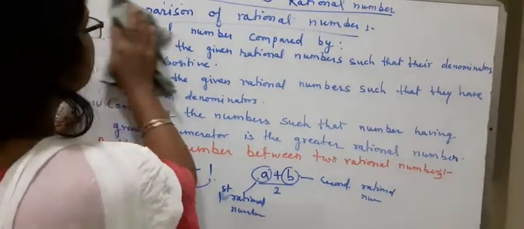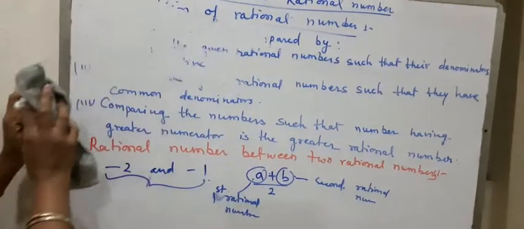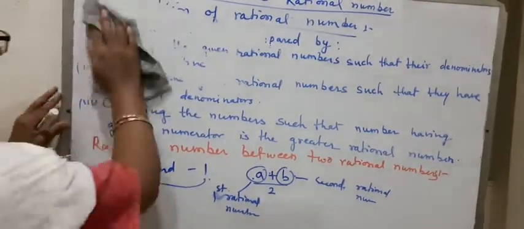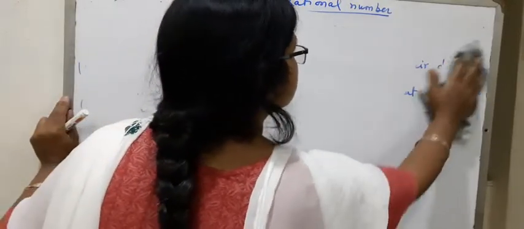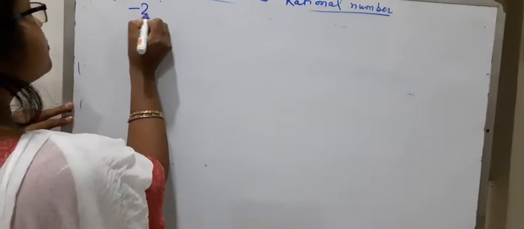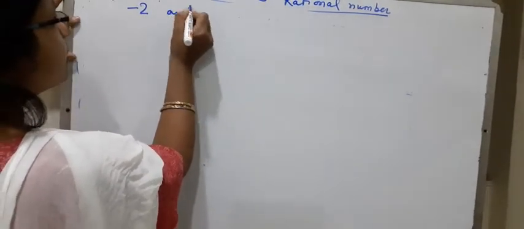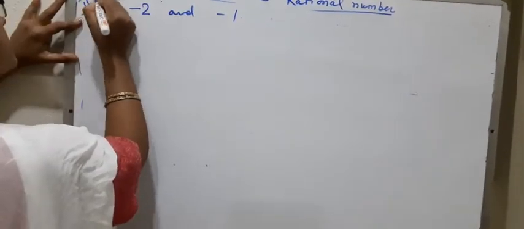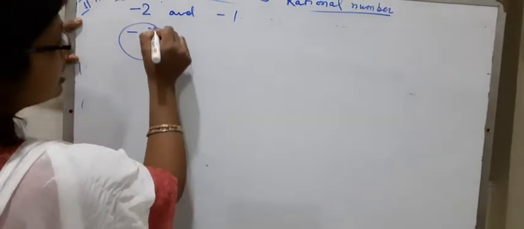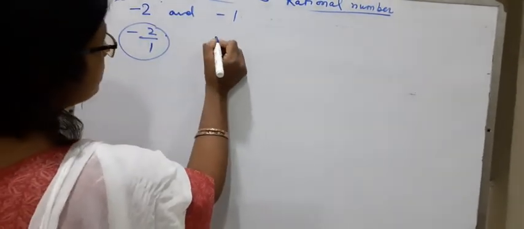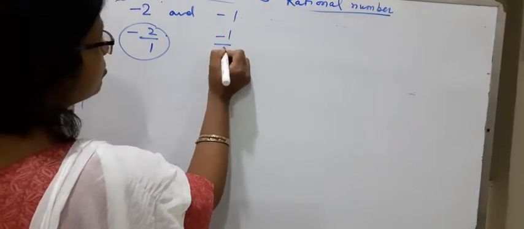For example, -2 and -1. The second method: we write the first rational number as -2 by 1 and -1 by 1.